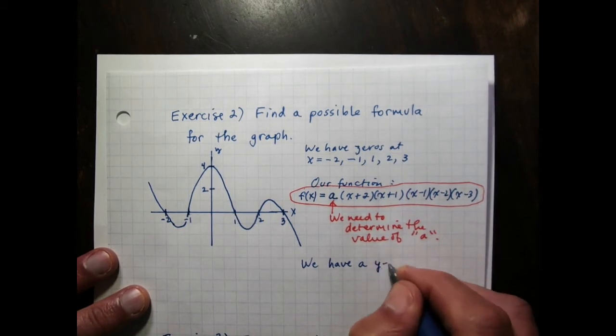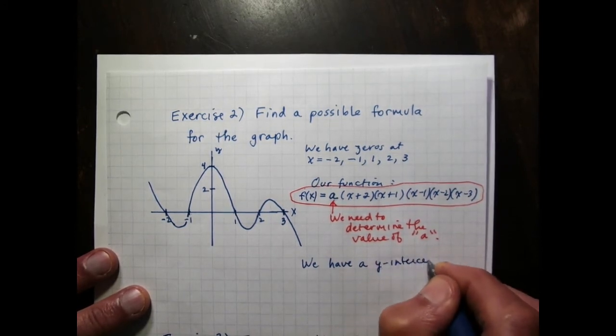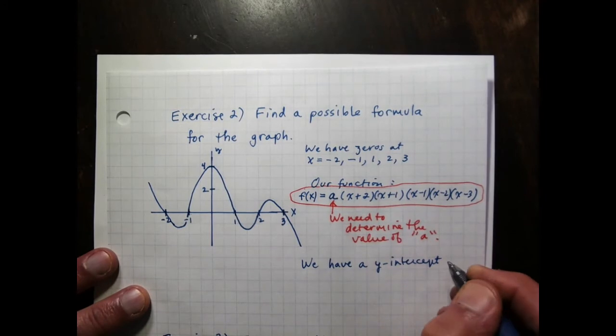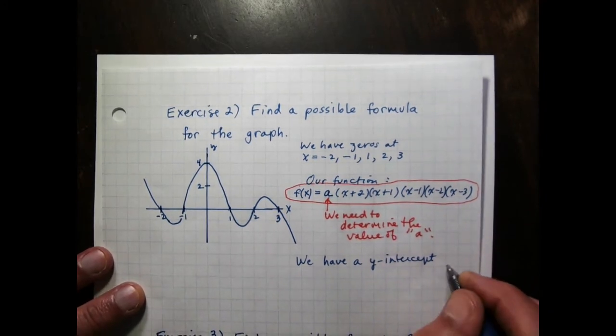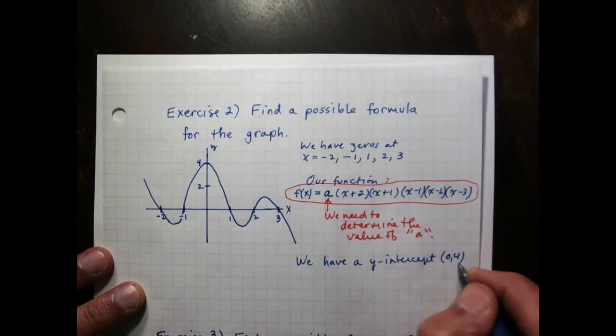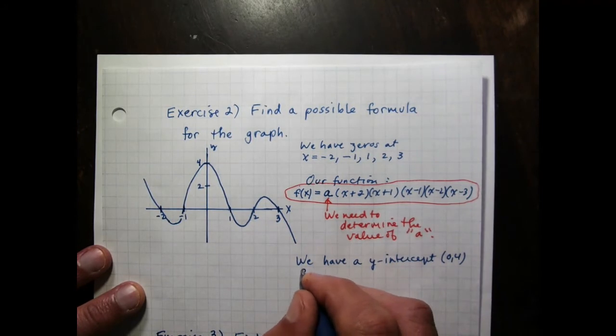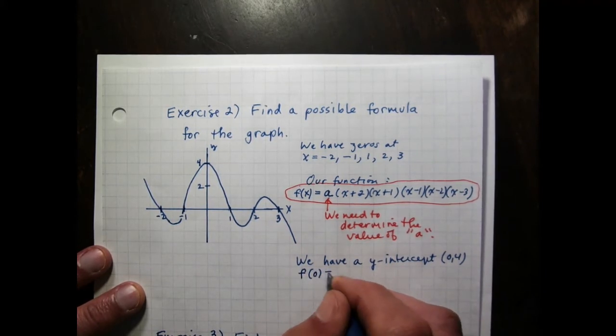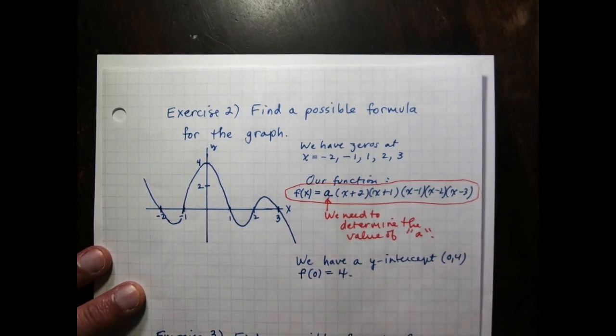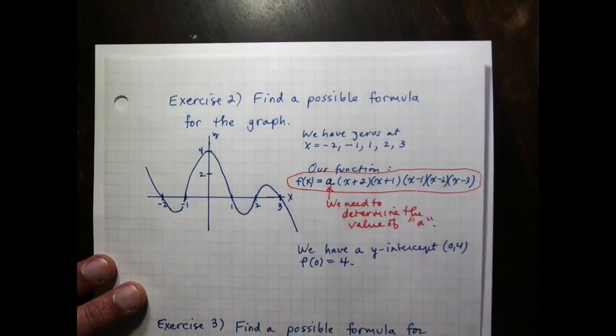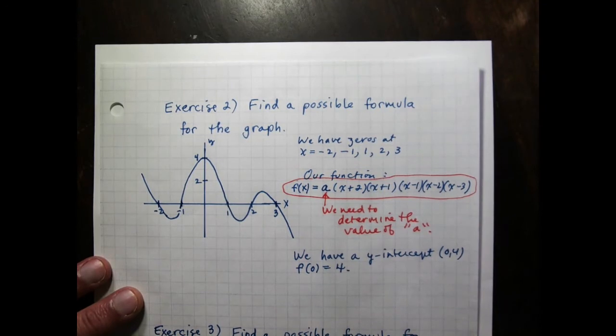a y-intercept at the point 0, 4. So that means that f of 0 for this function has to equal 4. That's the only point we know that's not actually an x-intercept.